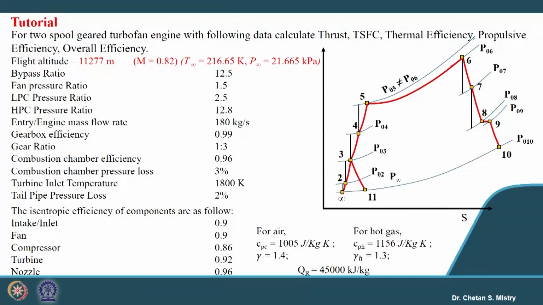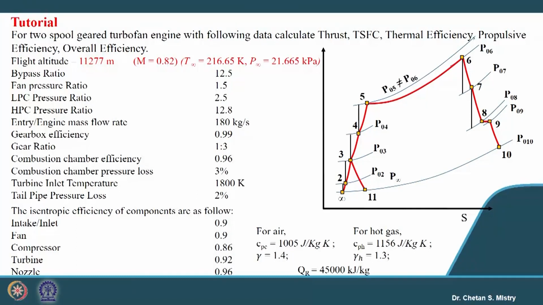The bypass ratio of this engine is 12.5, fan pressure ratio is 1.5, LP compressor pressure ratio is 2.5, and HP compressor pressure ratio is 12.8.